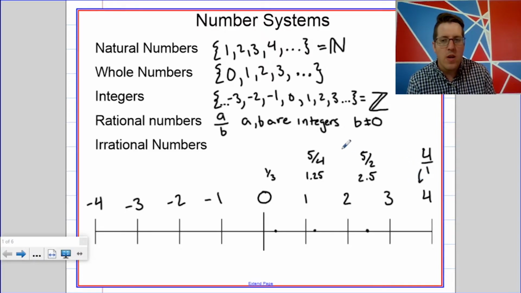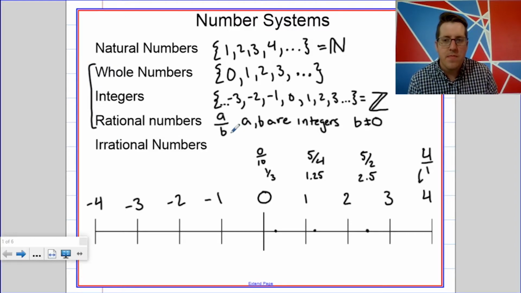So 4 is a rational number, an integer, a whole number, and a natural number. 0 is a rational number, 0/10 or 0/pick, whatever you want. It's an integer, it's a whole number, but it's not a natural number. So 0 is these 3, but it's not this very specific one, natural numbers.